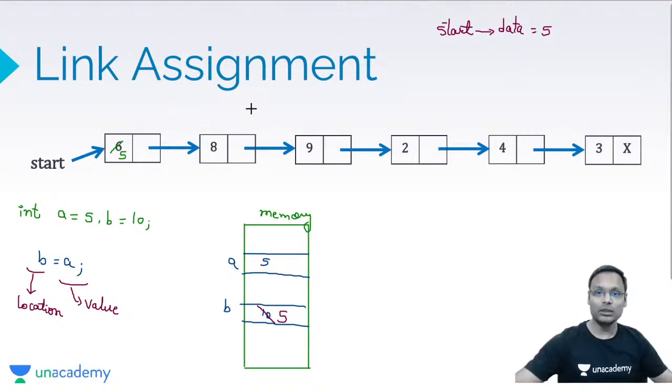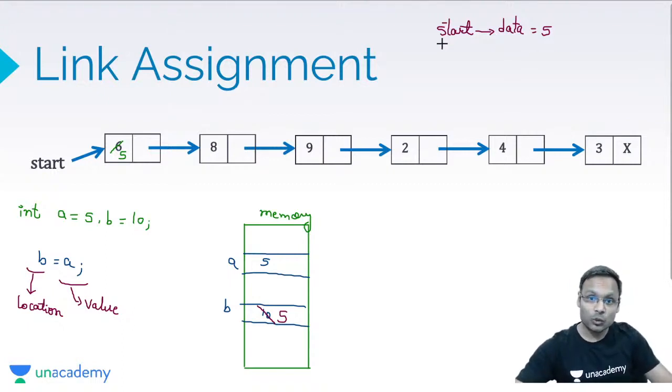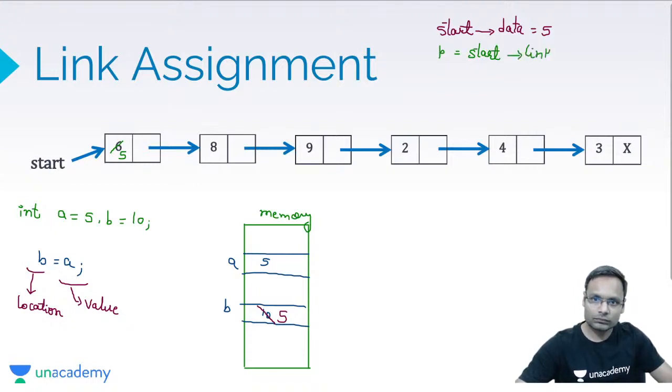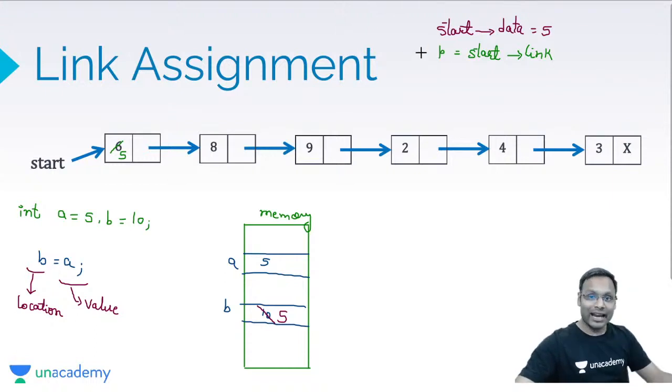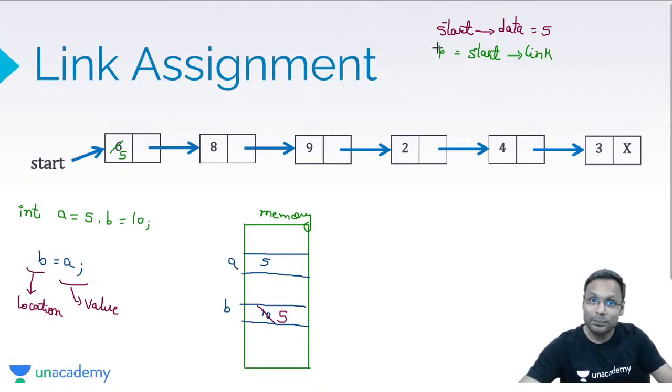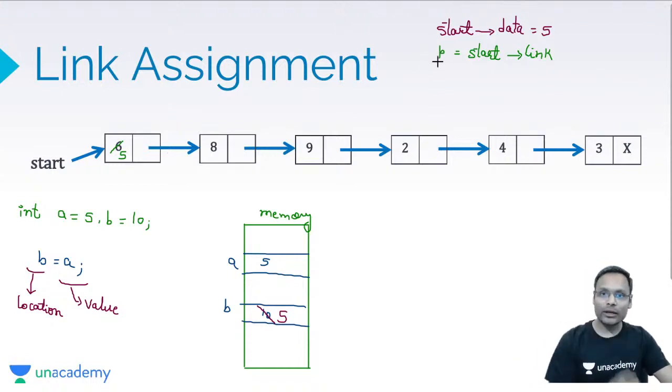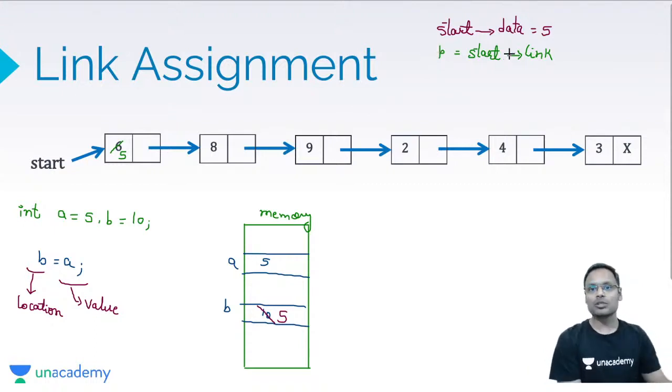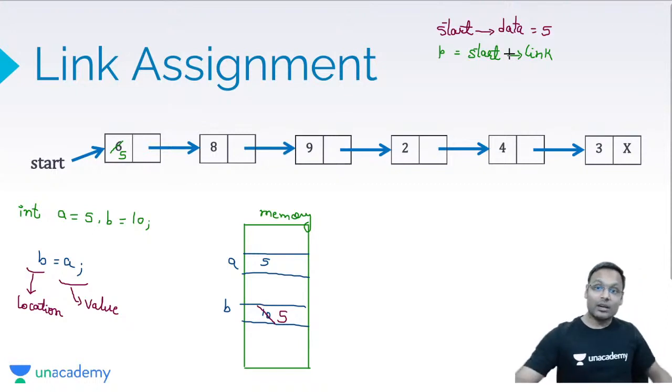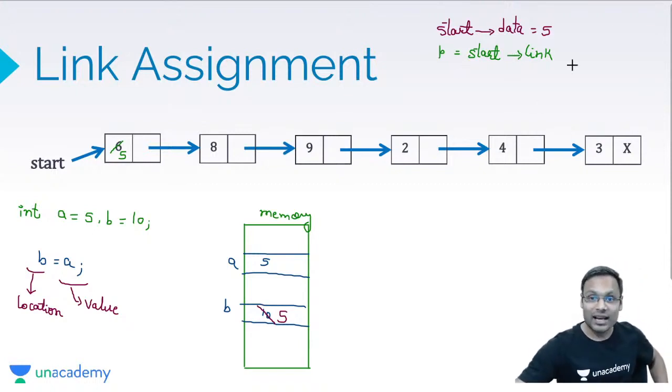If you understood this, I am going to write another statement. What does it mean? I have taken a pointer, let's say pointer P is node type of pointer. That pointer P is equal to start ka link. What is there in the right side?